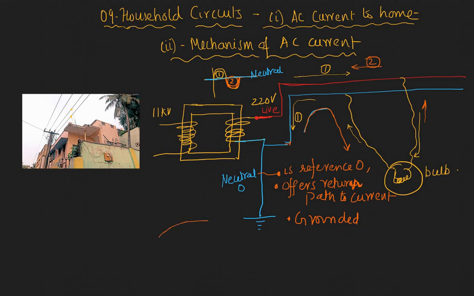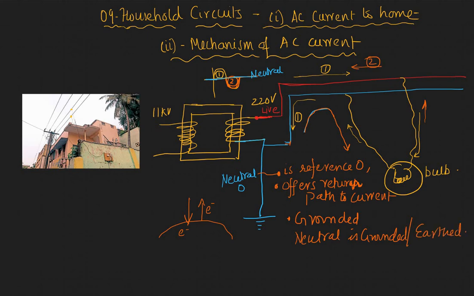So if there's Earth, you can have electrons infinitely going in or infinitely coming out. For that reason, we consider the wire which is earthed as neutral, and we say the neutral is grounded, or earthed.